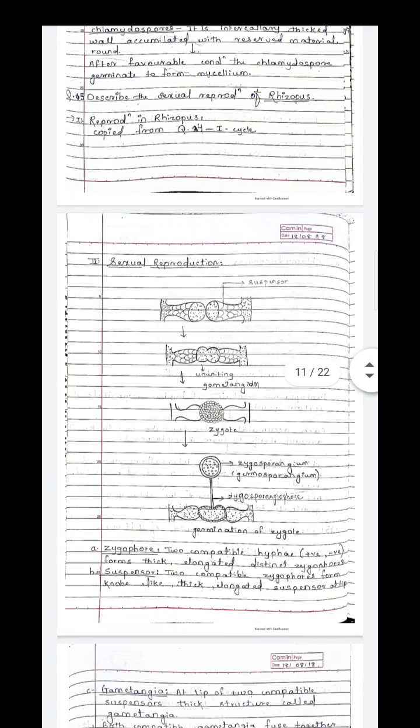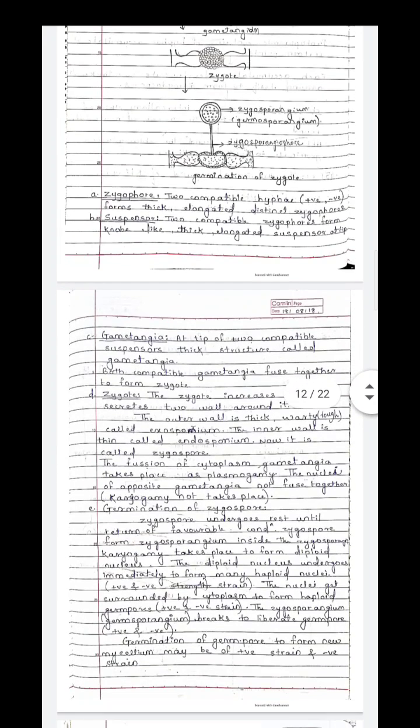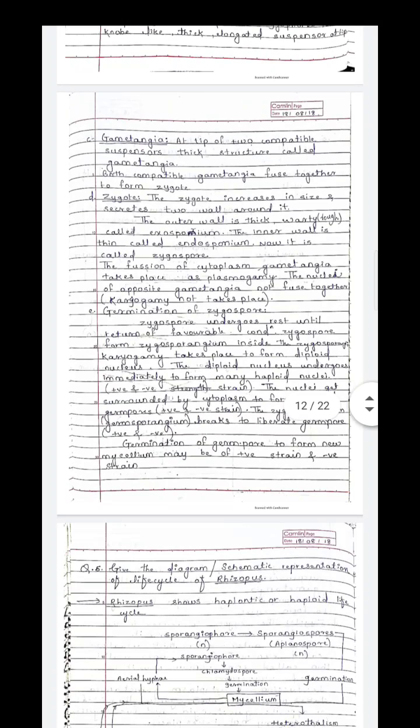Then next is the sexual reproduction, which mainly takes place by the formation of gametangia. Two gametangia unite and form the zygote. The zygote grows or germinates and forms the zygosporangium. Through this zygosporangium, the zygospores are developed and they germinate as a new mycelium.